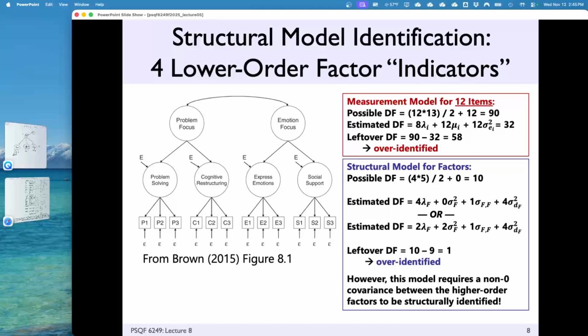So here, the structural model, the degrees of freedom themselves, if we want to go count how many model parameters we'd have: we'd have 1, 2, 3, 4 residual or unique variances. And then we'd have 1, 2, 3, 4 factor loadings and 1 correlation. That depends on how we define it, marker or otherwise.